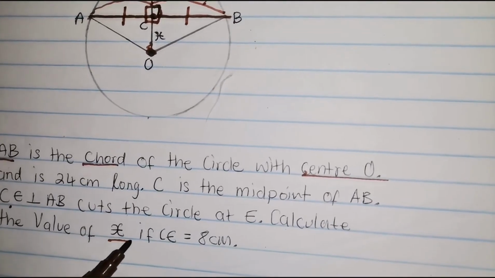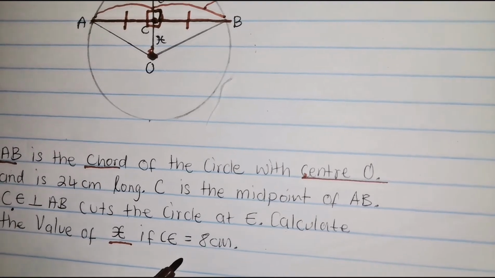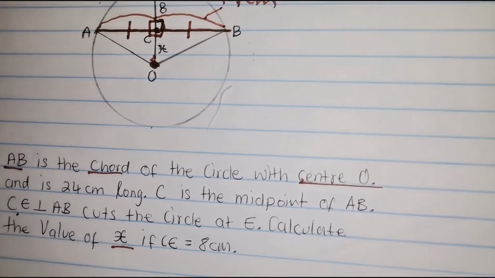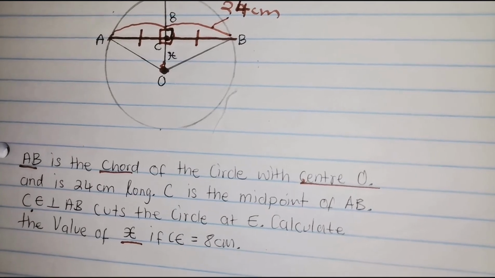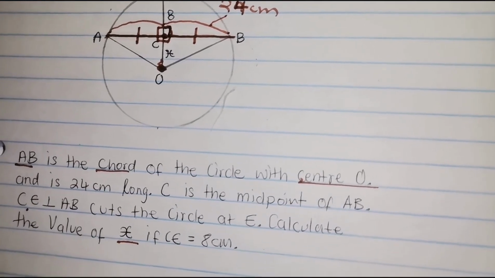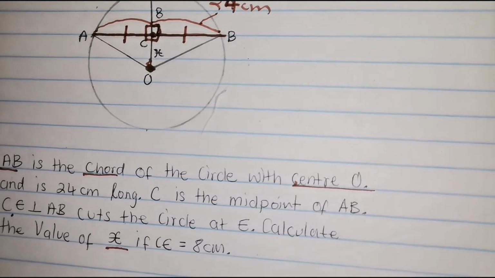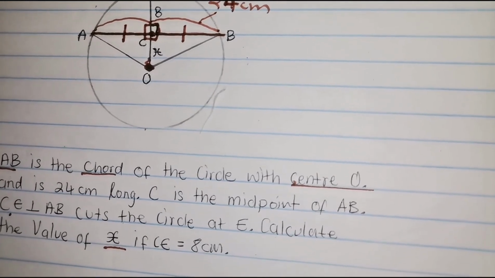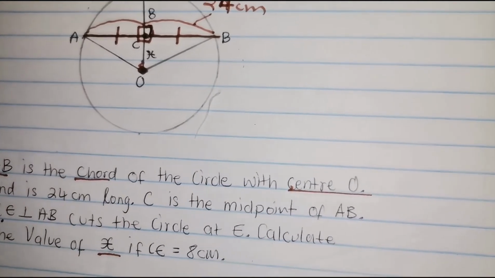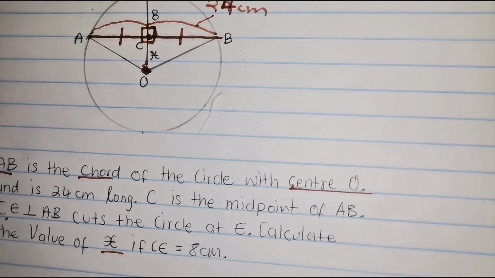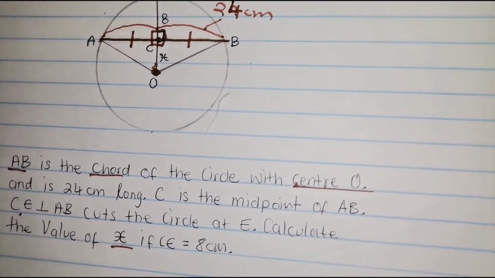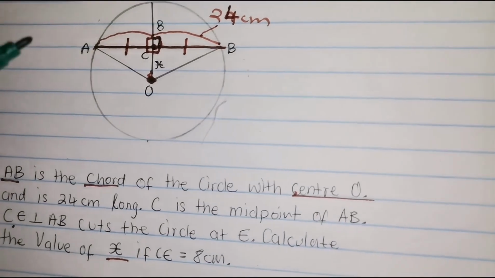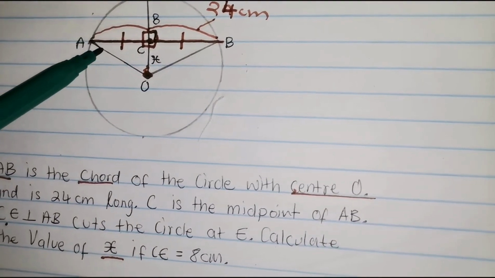Calculate the value of X if CE is equal to 8. Guys, this one is so simple and straightforward. So I'm going to remind you of some valuable statements I uttered during the first session, when I alluded specifically to the concept of radii.